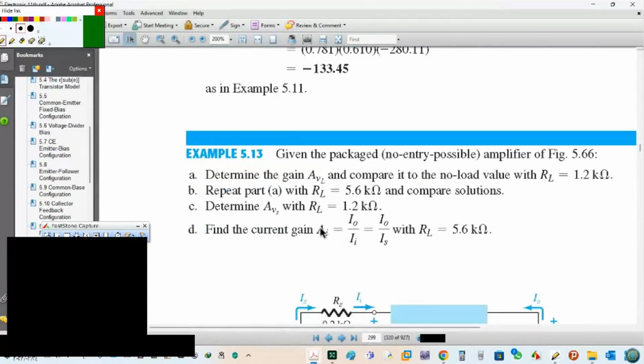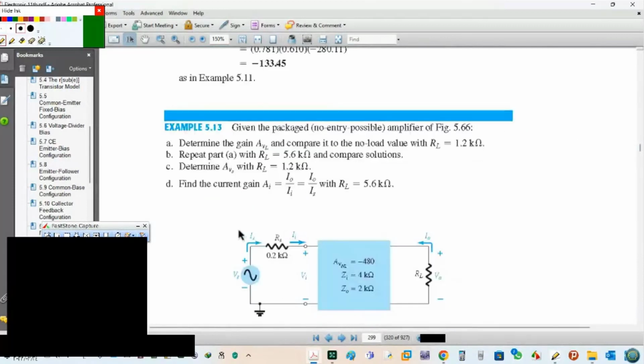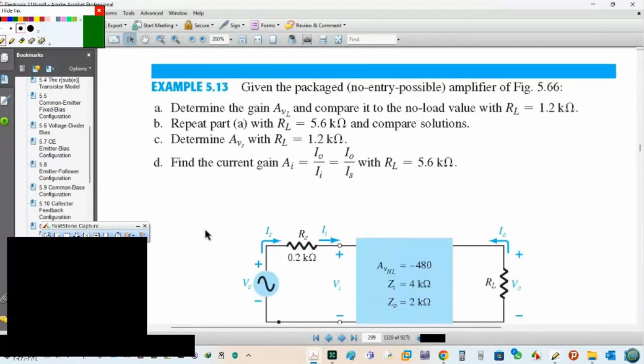Now, another one. This question came many times in the exam, so take care of this question. Given the amplifier of figure 5.66, he asked me to determine the gain AV load and compare it to the no load value with RL 1.2 kilo.